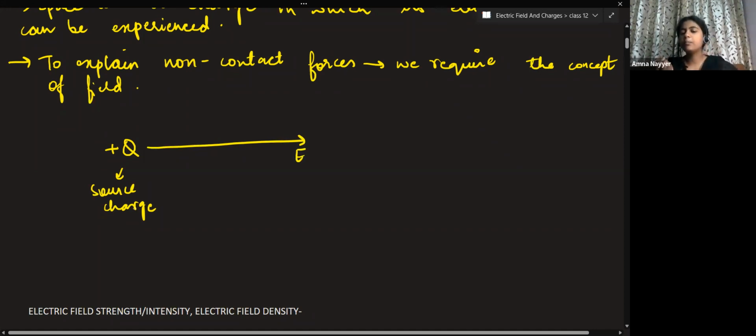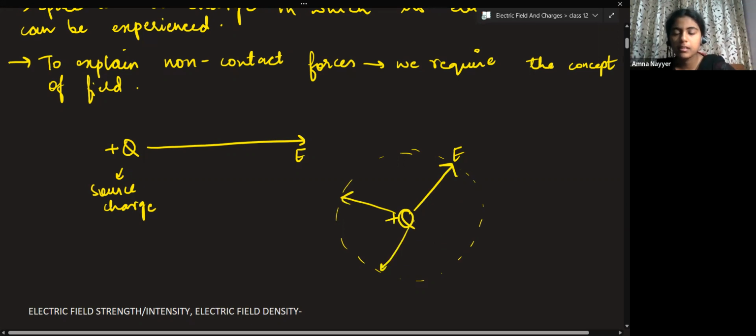Now I bring a positive unit charge in the vicinity of this, near this. So what will happen? I have this plus q with me. This is the electric field of this plus Q. It is exhibiting its electric field lines. So the electric field is there.